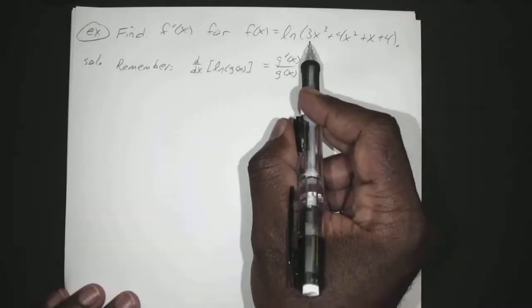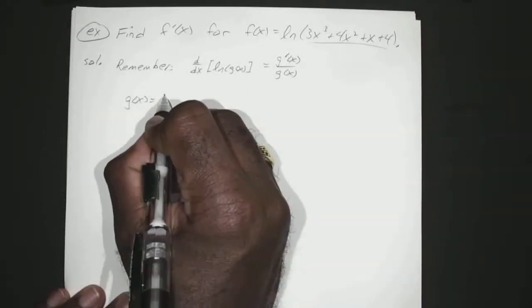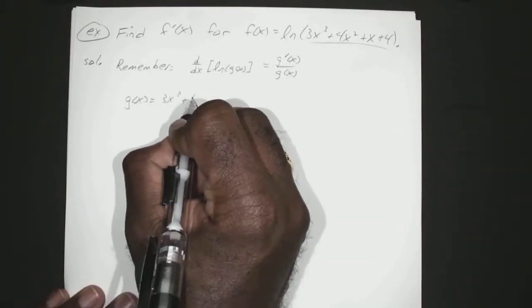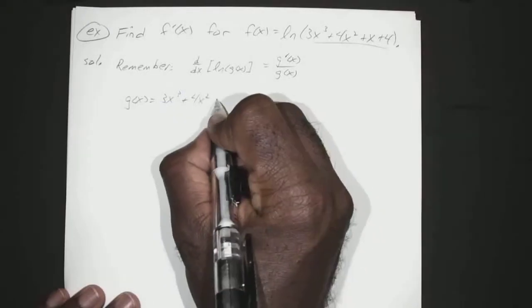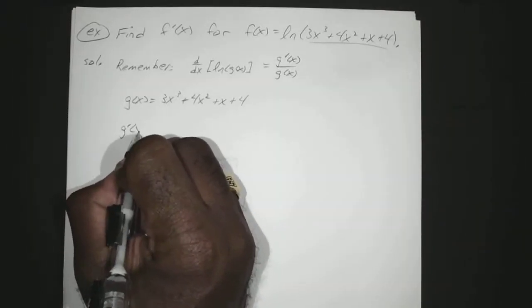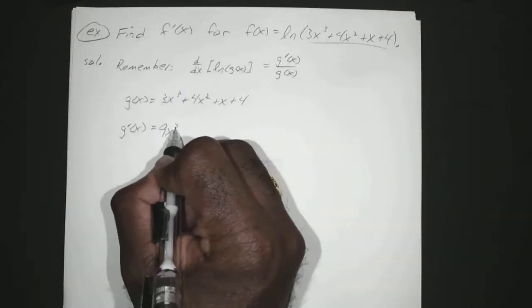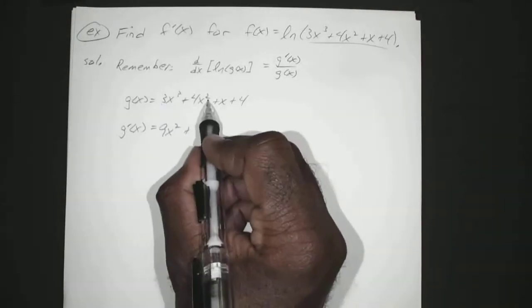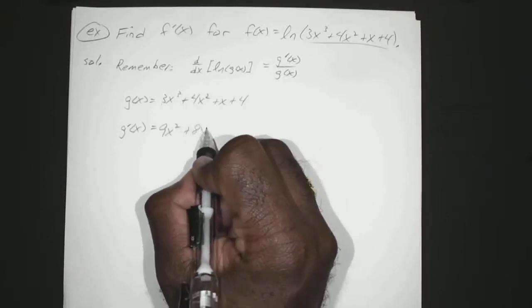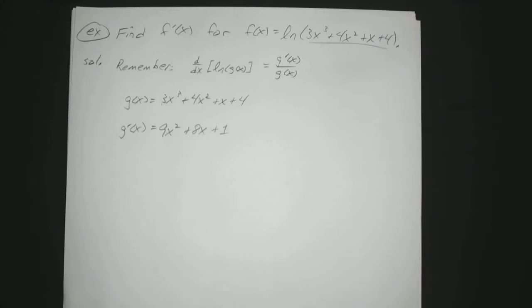Okay, so if we let our g of x equal 3x to the third plus 4x squared plus x plus 4, which means our g prime of x, if we bring down the 3 here, that gives us 9x squared, plus we bring down our 2, 8x, plus 1.